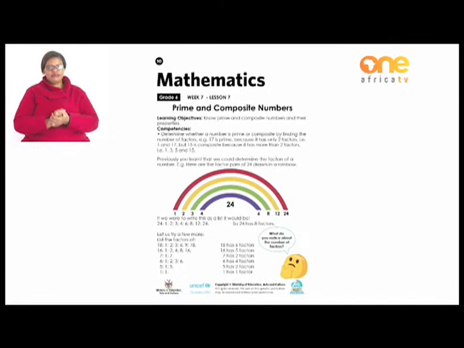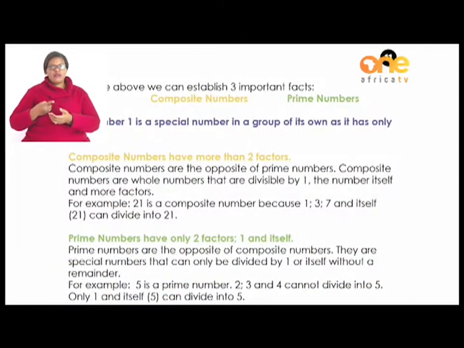Now, if we go on to the next page, which is page 11, it says, from the above, we can establish 3 important facts, or at least from the previous page. Now, first of all, let's talk about the number 1.